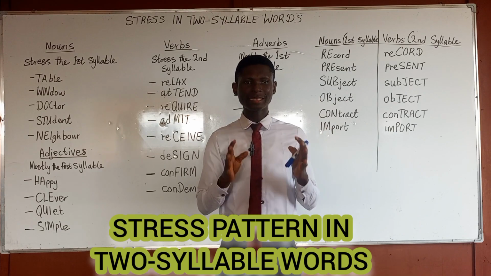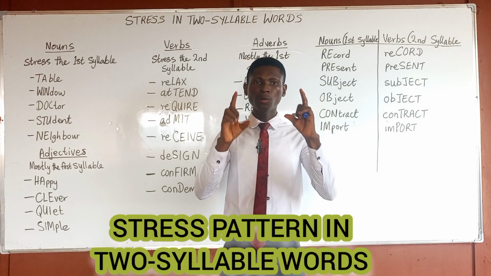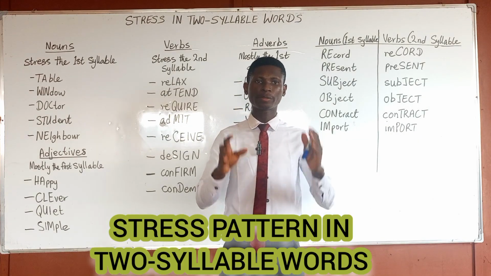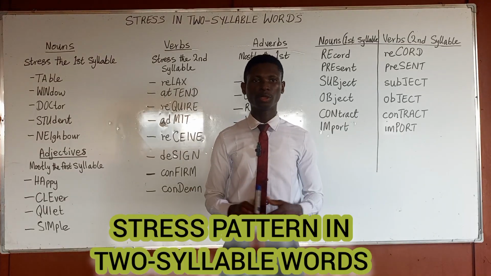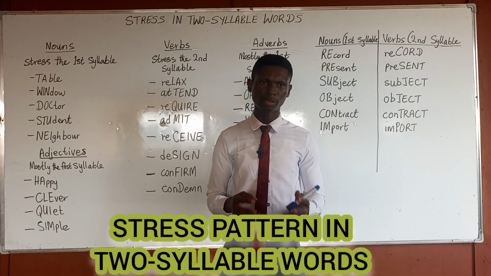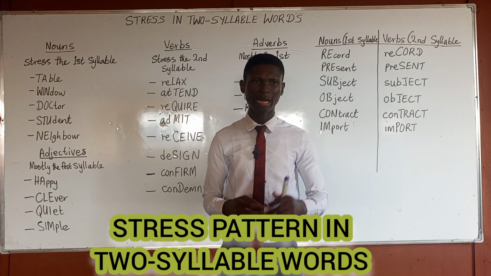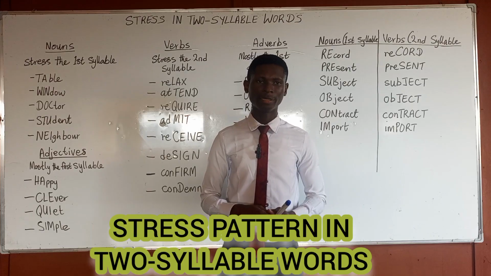So for this particular class, I want to consider two-syllabic words, words with two syllables. How are they structured in terms of stress pattern? Where do we have the stress? If we have a noun, where do we have the stress? If we have a verb, adjective, and then adverb.